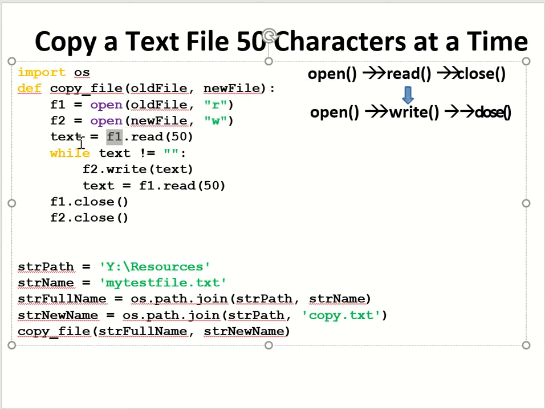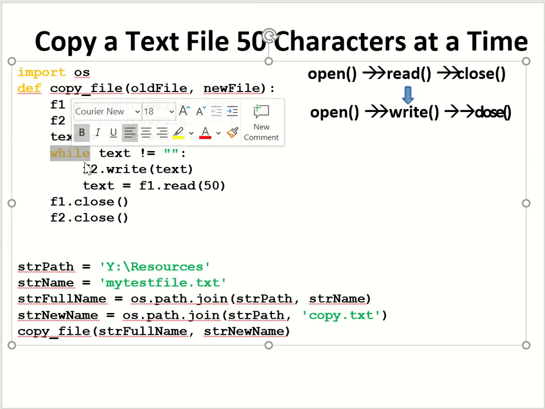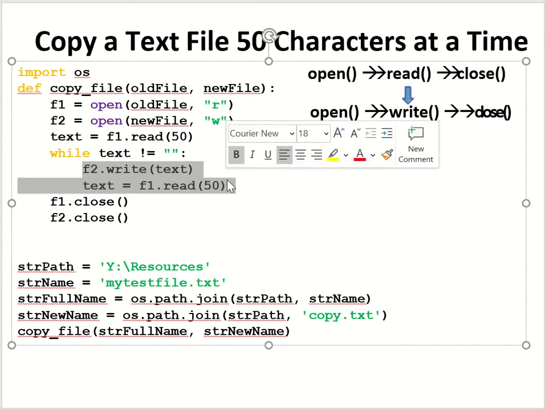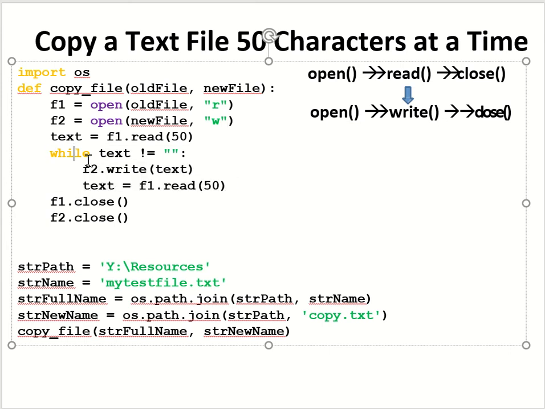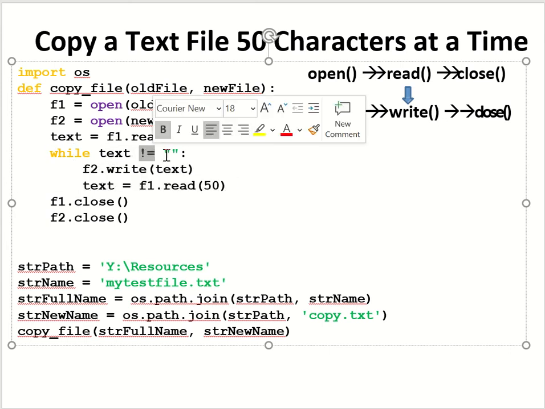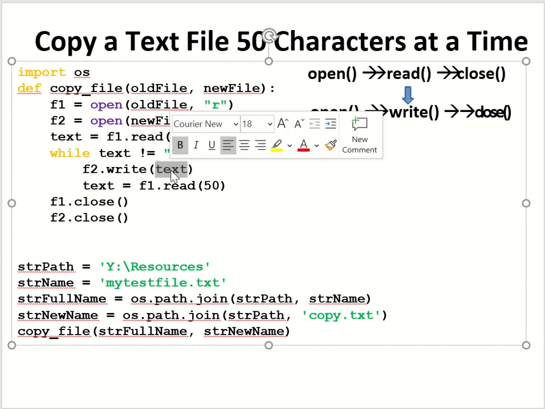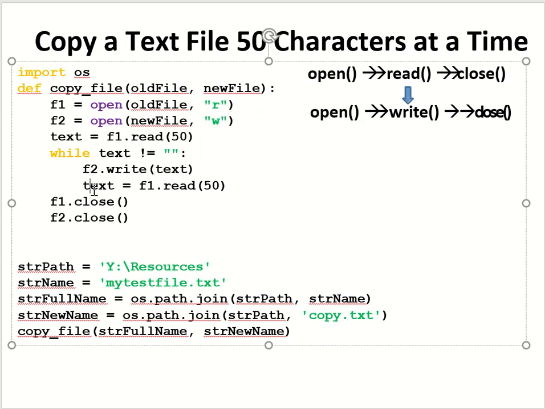That's text. So then this is a while loop, and we're going to assess whether or not this condition is true when deciding whether or not to execute those lines. While text does not equal nothing, so as long as there are characters to read in these 50, write to F2 what text is, and then change the value of text to be the next 50 characters in the old file.